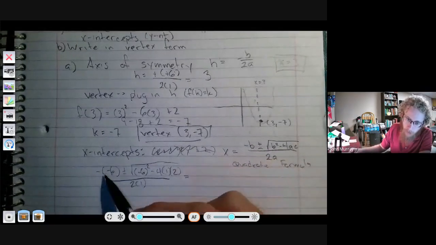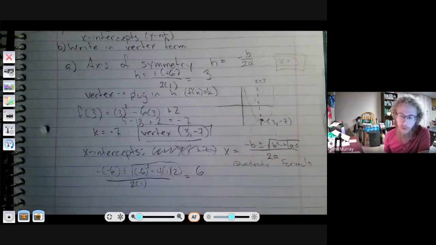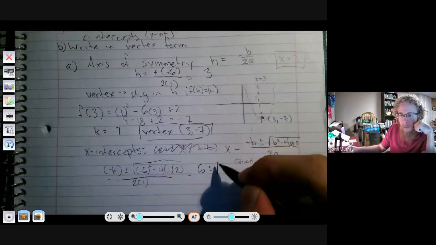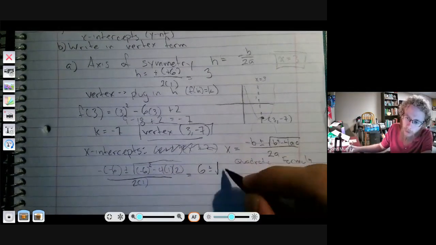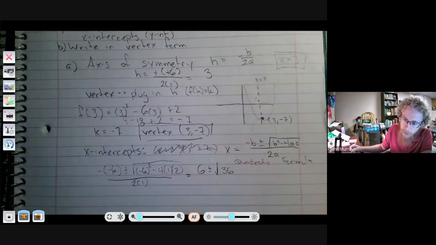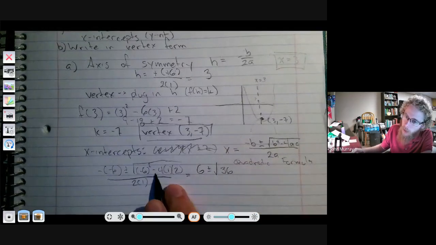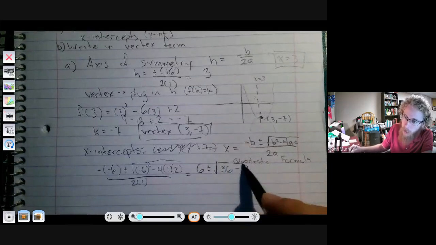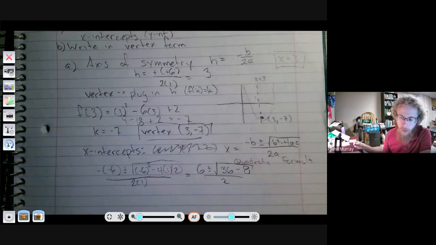So first simplifying this, -6 gives me a +6, plus or minus, be careful, -6 squared is +36, minus 4 times 1 times 2 gives me -8, all over 2.